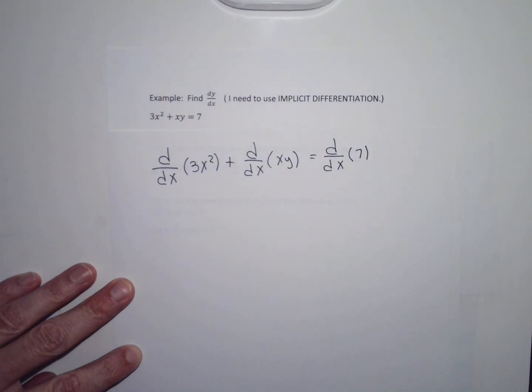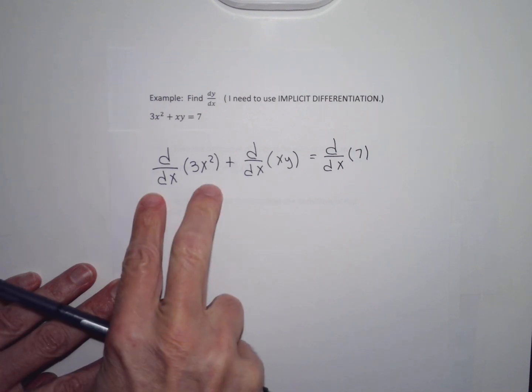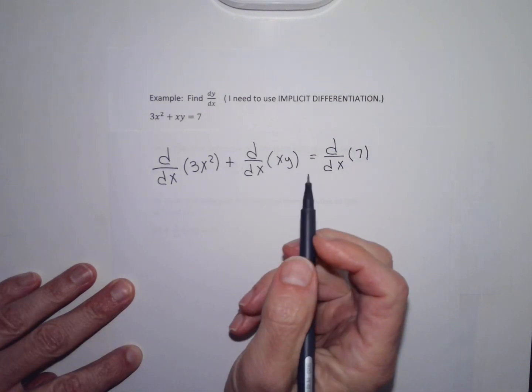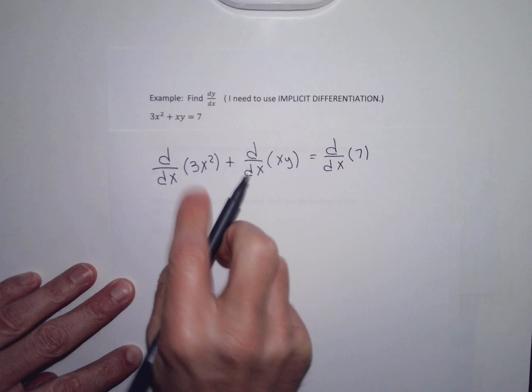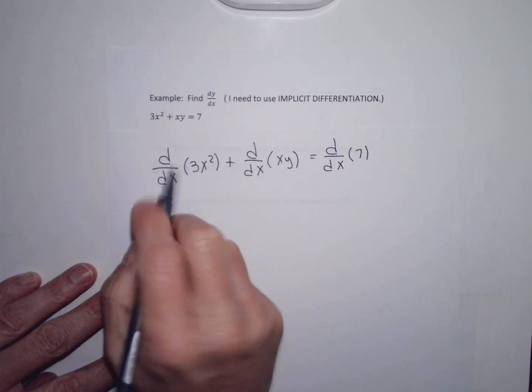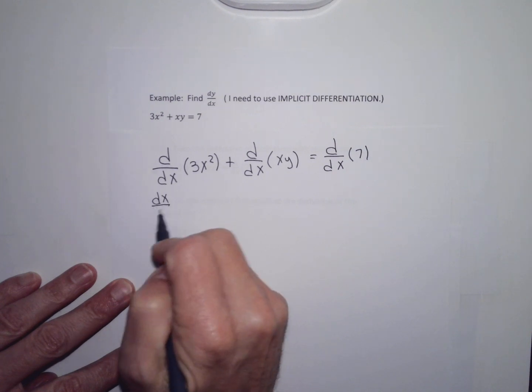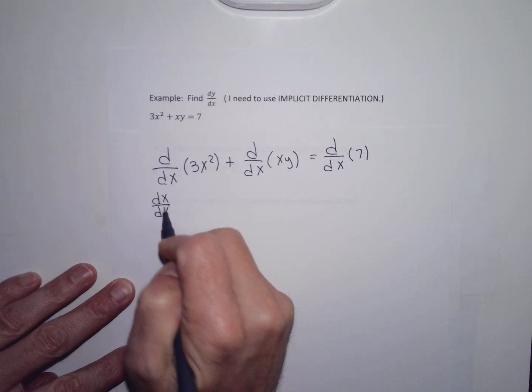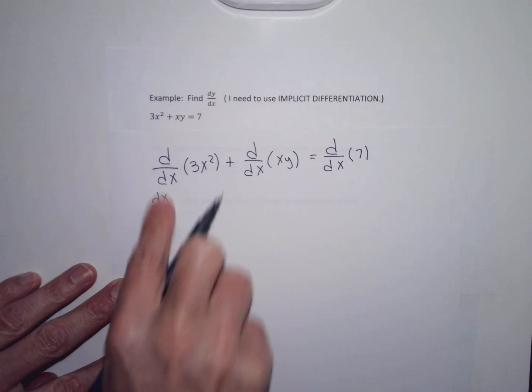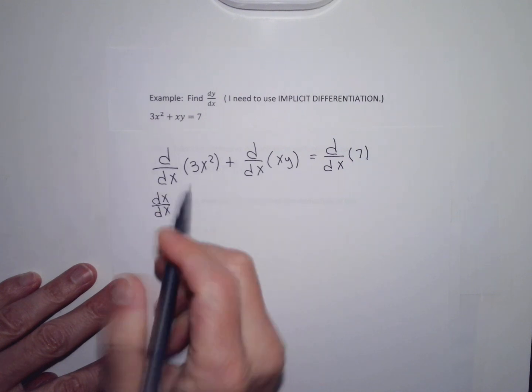2 of the derivatives are freebies. This derivative is going to be 6x, and if I really wanted to, I'm taking the derivative of an x with respect to x. The appropriate derivative symbol here would technically be dx/dx. When I'm taking the derivative of an x with respect to x, I would tack on a dx/dx for the variable, but that's equal to 1.